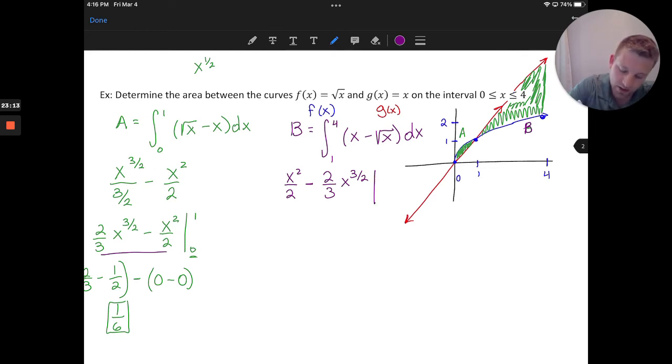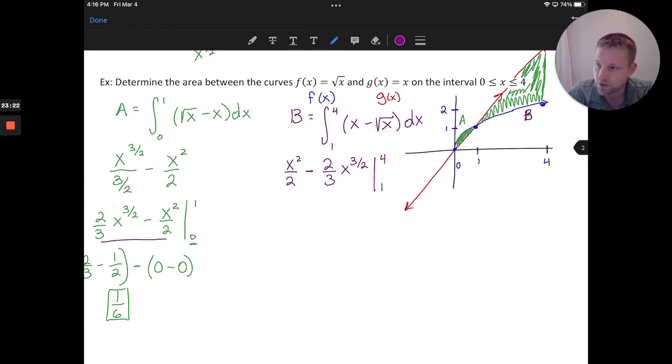This we're going to be evaluating from now 1 to 4. So let's go ahead and evaluate here. We'll first again evaluate here at 4. We'll have 4 squared divided by 2 minus 2/3 times 4 raised to the 3/2.